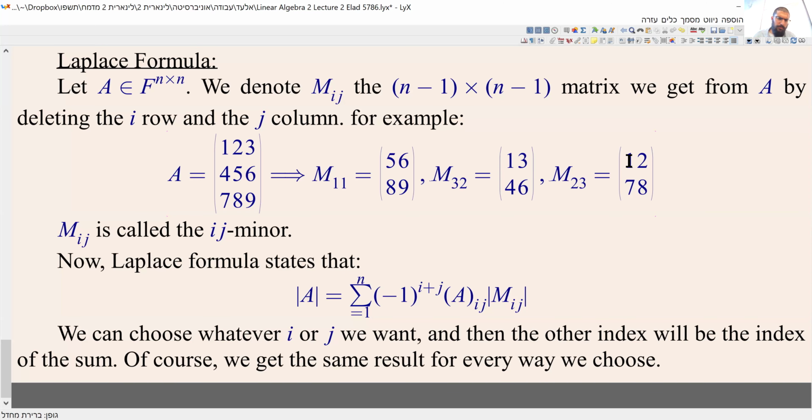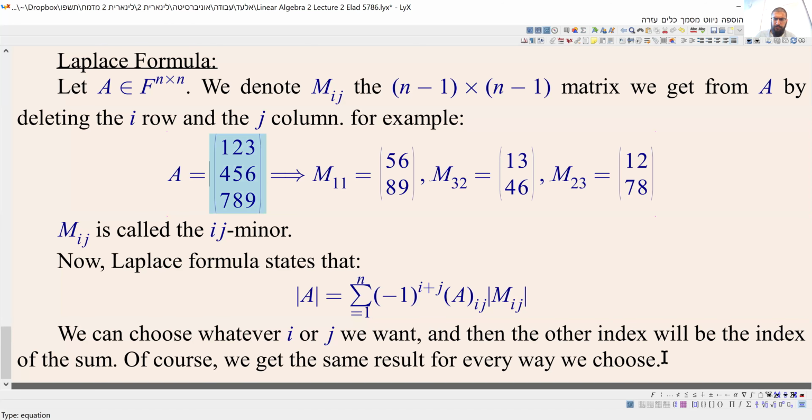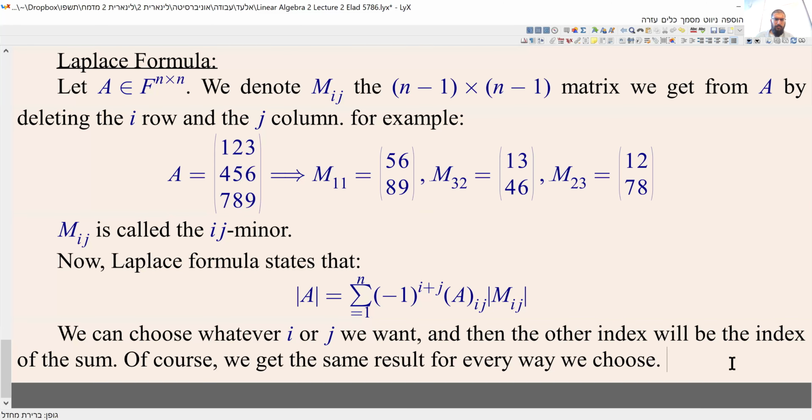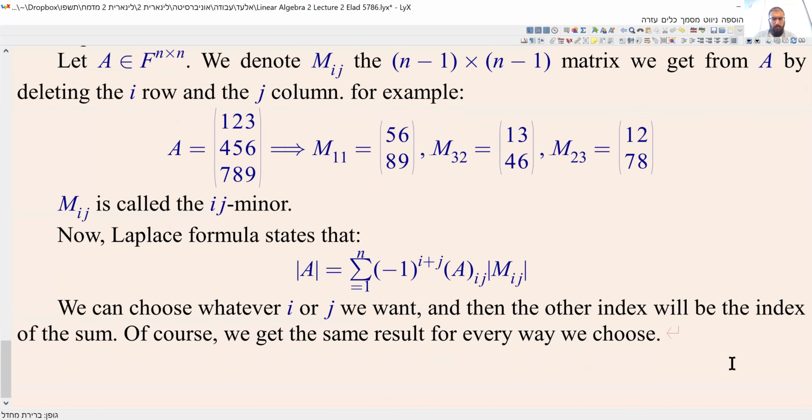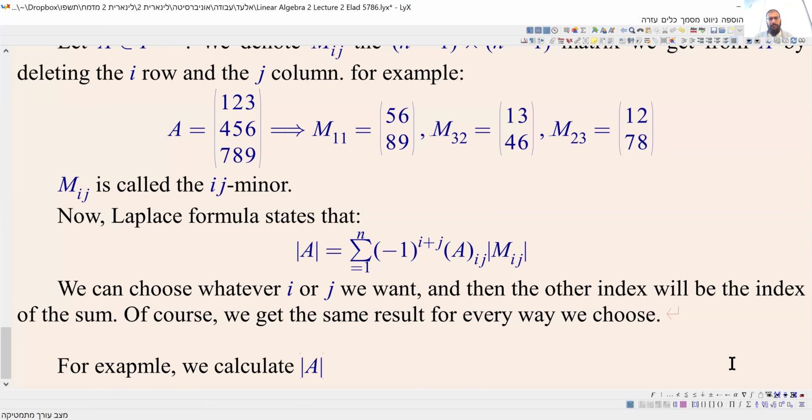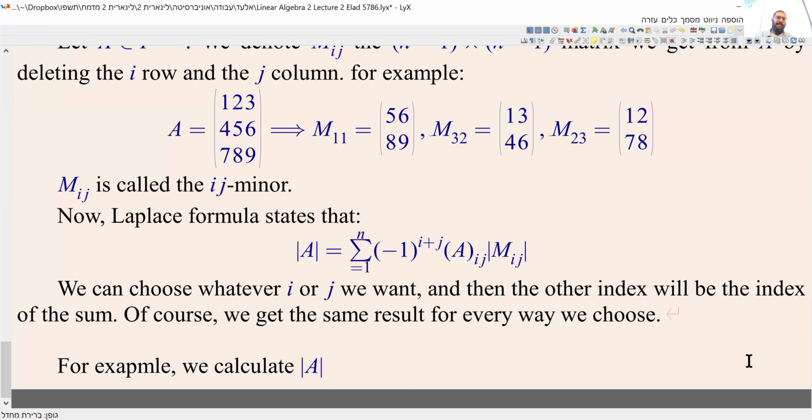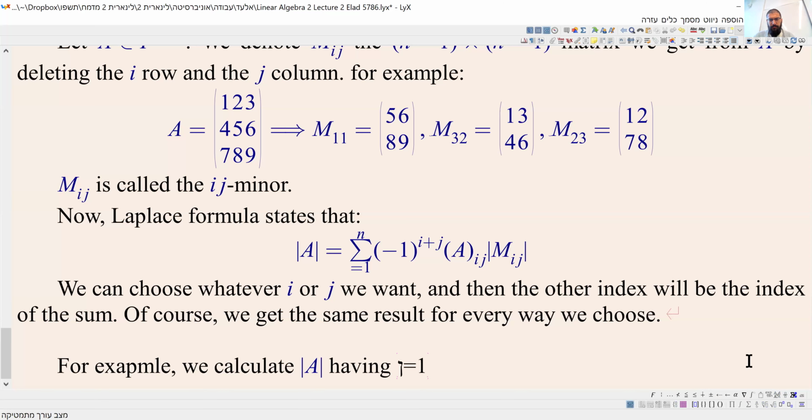Let's have an example. We can use this matrix. Example: calculate the determinant of A, let's say having i equal to 1.